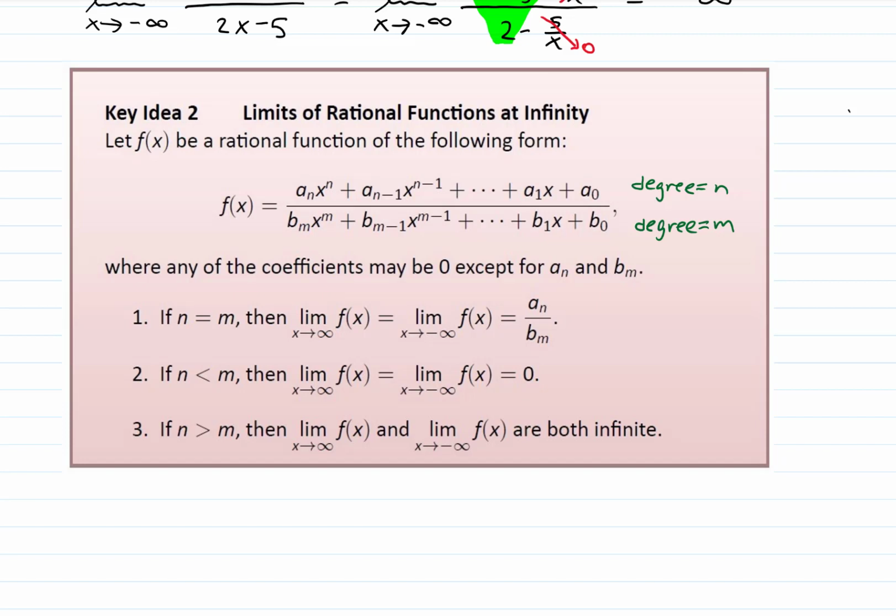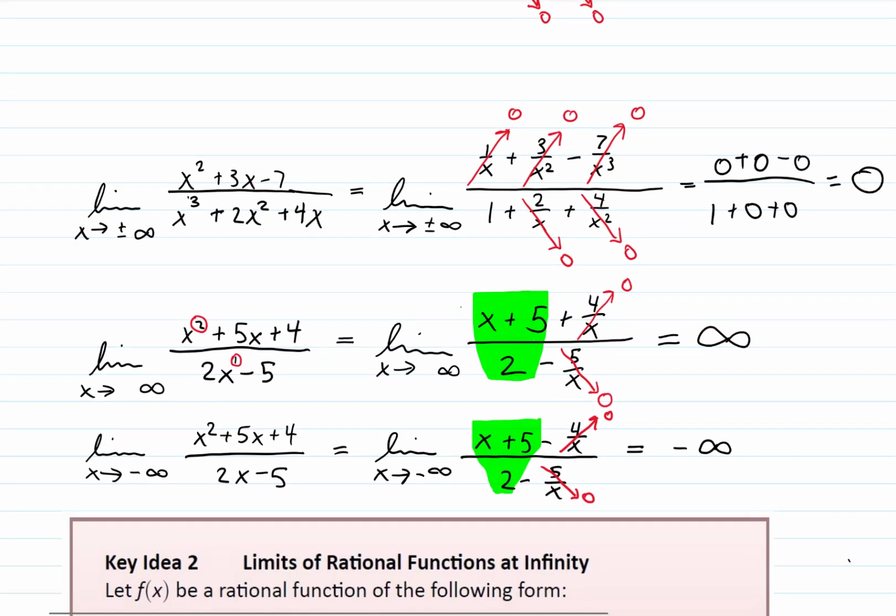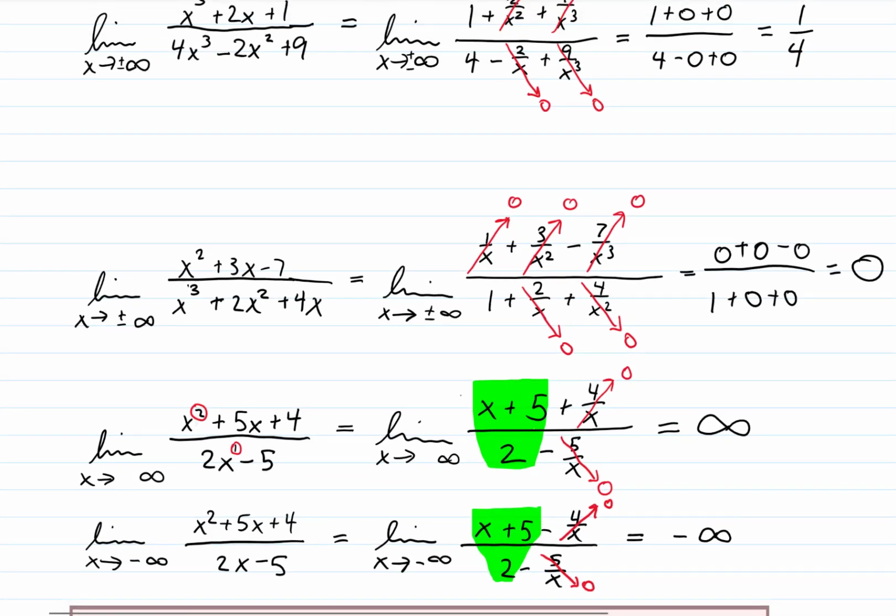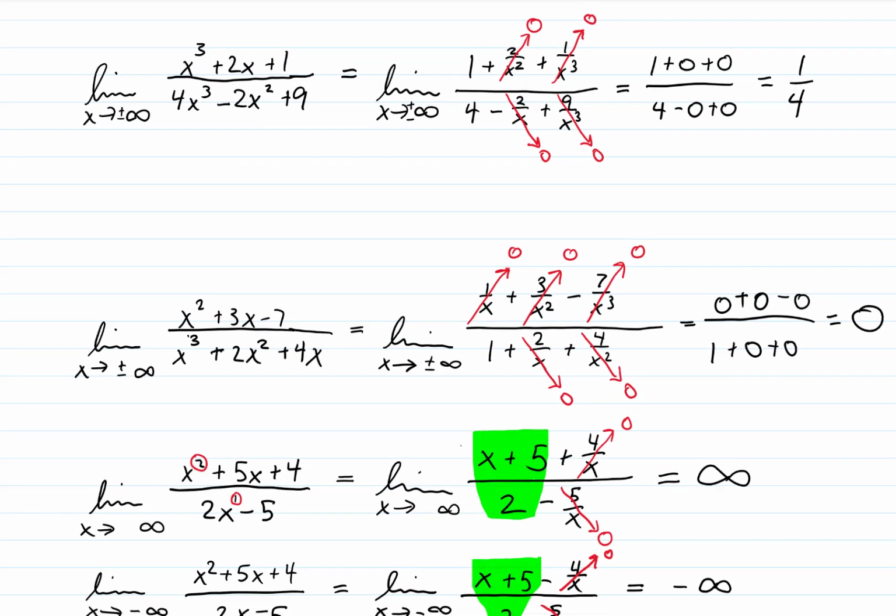On a test, I'm going to make you do that and show that. So you need to know how to do it. Don't just memorize this. You should memorize this box, but also you should be able to do like I showed up here in these problems. It's not hard. It's one of the easiest things in calculus.